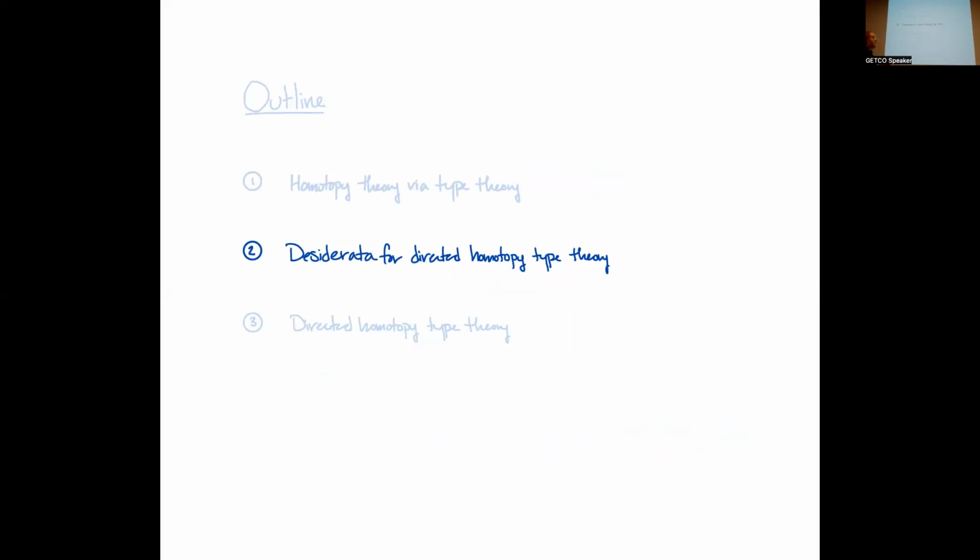Okay, so now I'm going to start saying something about directed homotopy type theory. And of course, the goal is to have a version of the story I just told where we don't just capture regular old spaces, like complexes or in some sense topological spaces, but notions of directed spaces, of course, and maybe also categories and higher categories.